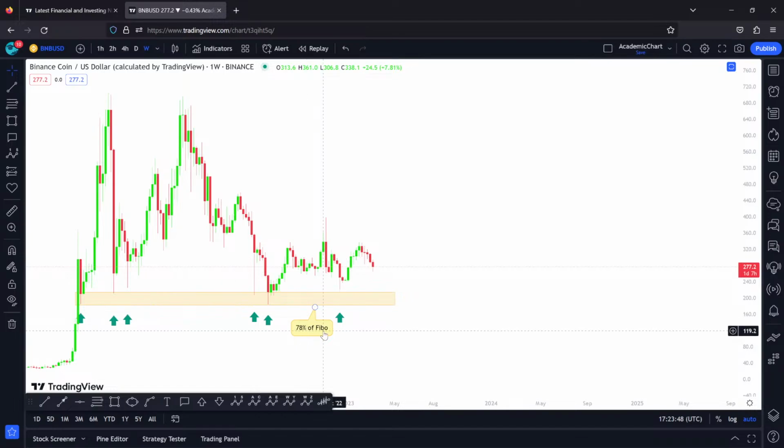Of course, it is not a side wave correction. But after this ABC, some sort of range market is happening here, and it is not something that I can interpret as such from the earliest wave theories.